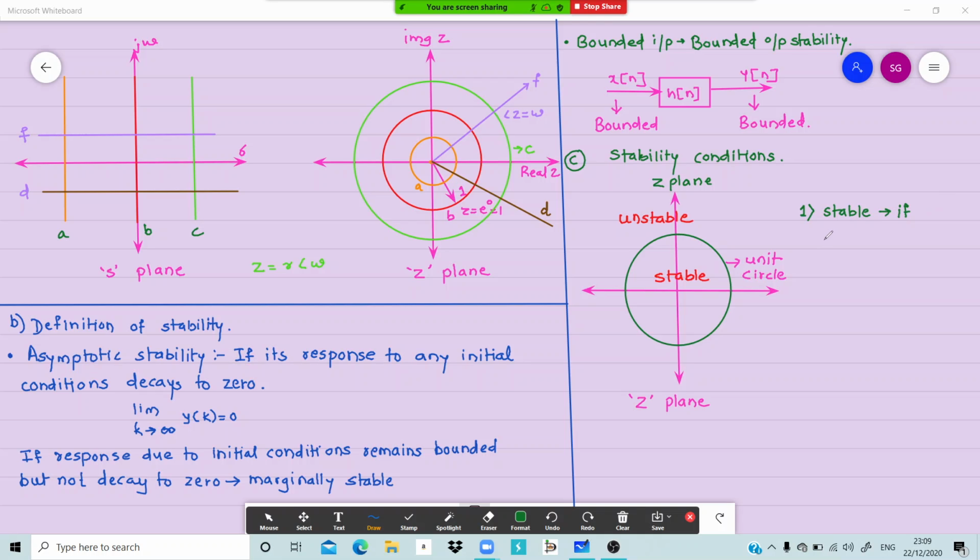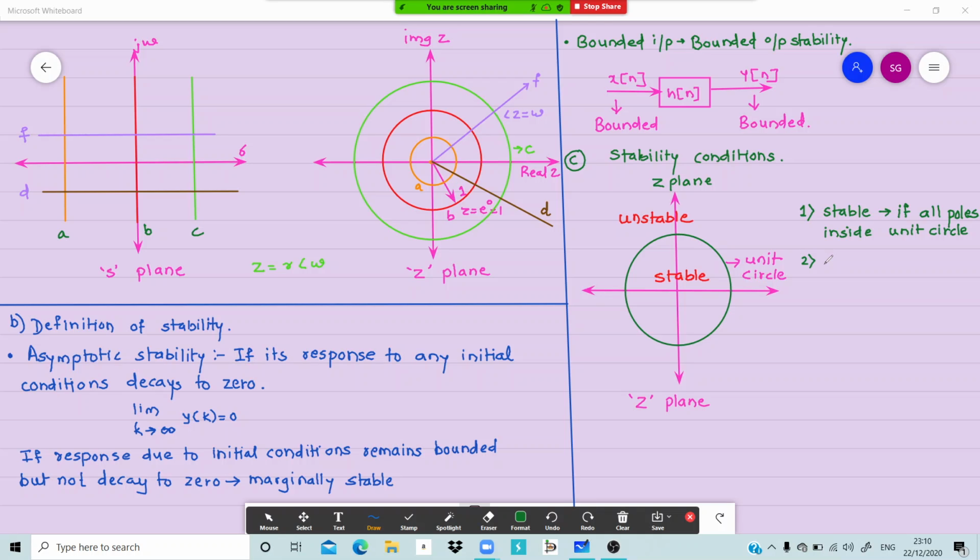The stability part is the same. So if all poles are inside the unit circle, the system is stable.